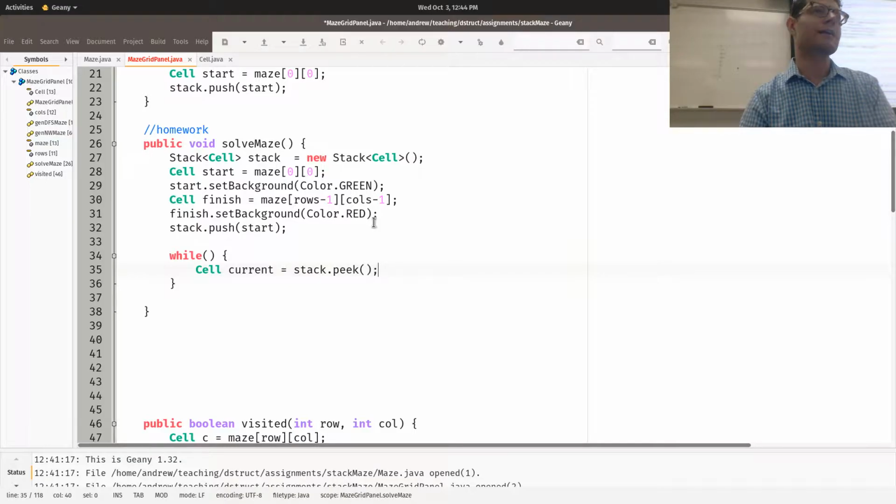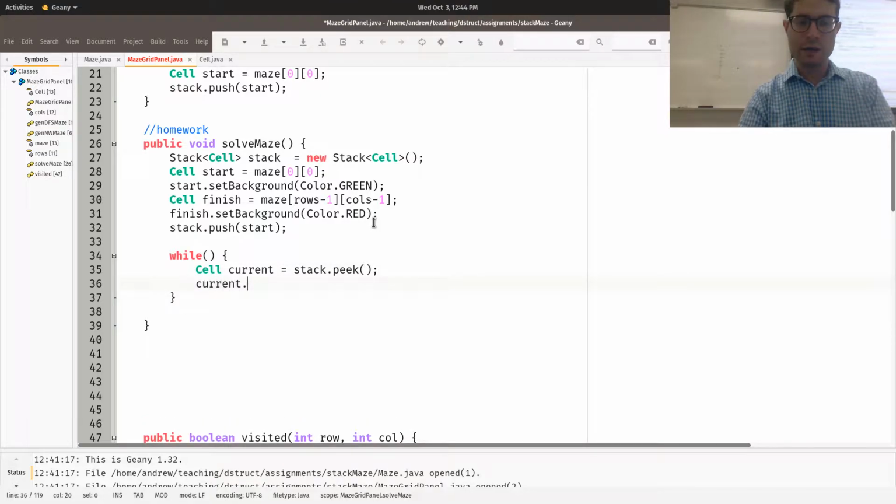Now how do I get the cell to the north of me? Current, as it turns out, does have what current row it is. So you can find out what the cell to the north of you is by saying row -1, and it would be in the same column, so you just keep the column the same.